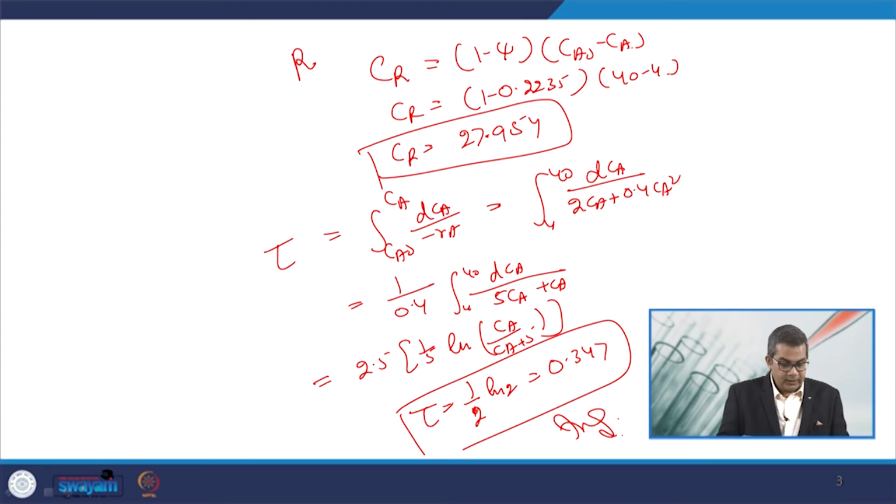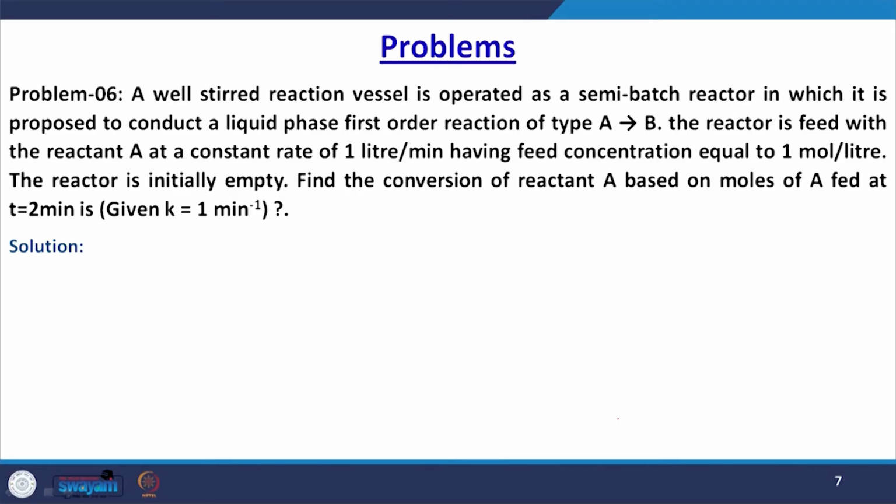Now let us take the last example of this particular lecture. Here a well stirred reaction vessel is operated as a semi batch reactor in which it is proposed to conduct a liquid phase first order reaction of type A converting into B. Now the reactor is fed with reactant A at a constant rate, given as 1 liter per minute, with feed concentration equal to 1 mole per liter.